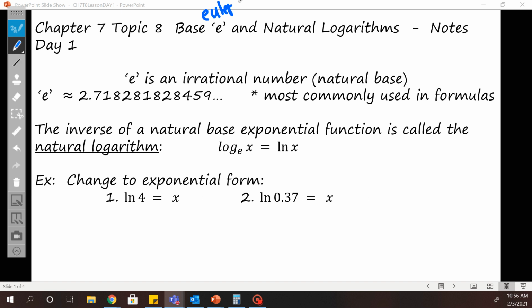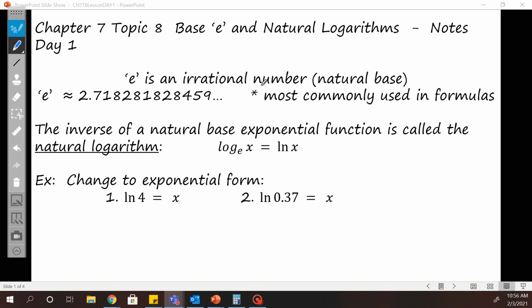This symbol is referred to as Euler's number. All right, and it represents the natural log. The symbol e represents an irrational number, and it's equal to about 2.718281828459, etc. It's irrational, so it just goes on forever.